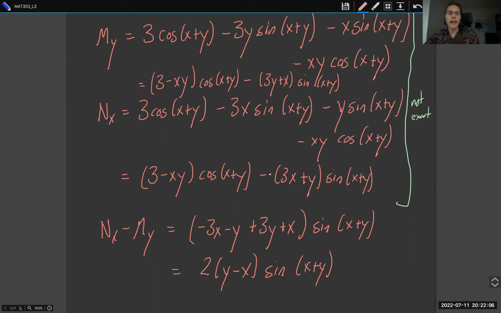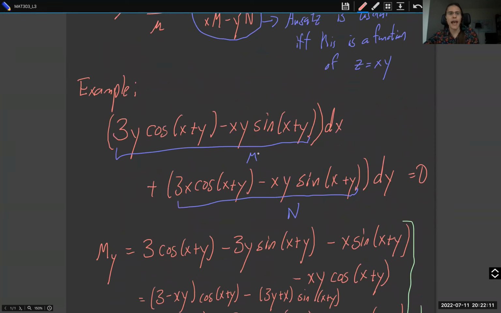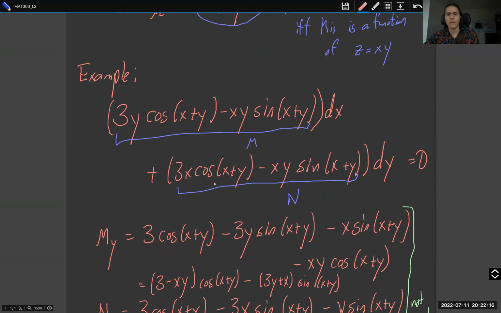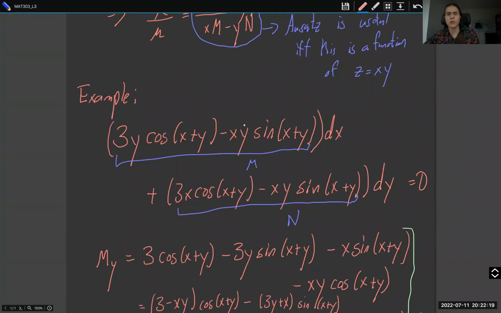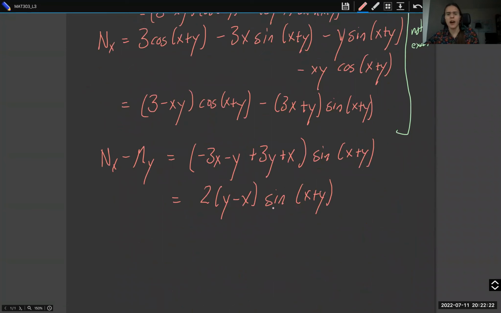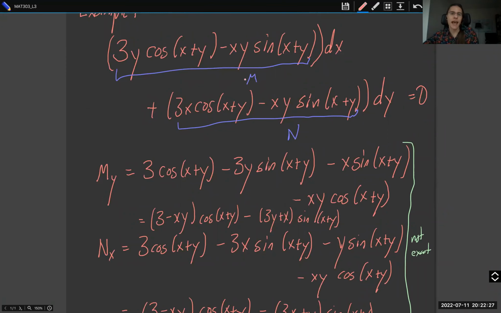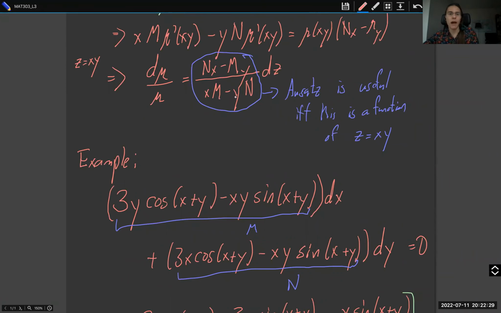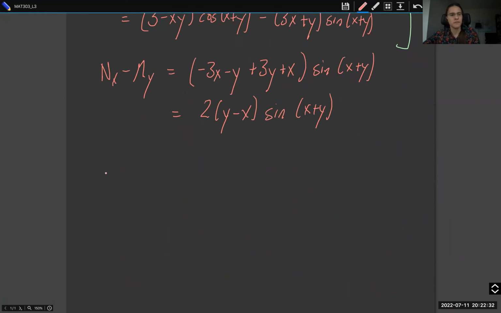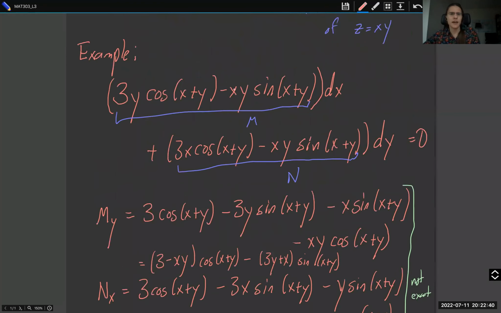Okay. Now, if we divided it by this big expression, if we divided it by m or n, it's not nice, right? Because we get a cosine and a sine here, but we only get a sine here. So that's not nice. So what we instead do is we consider xm minus yn. If we multiply this by x, we get 3xy.